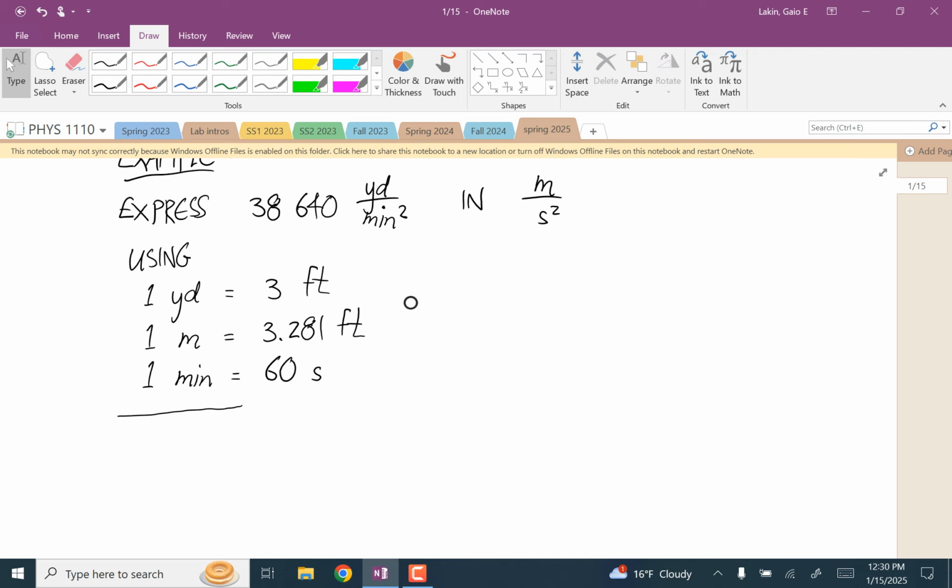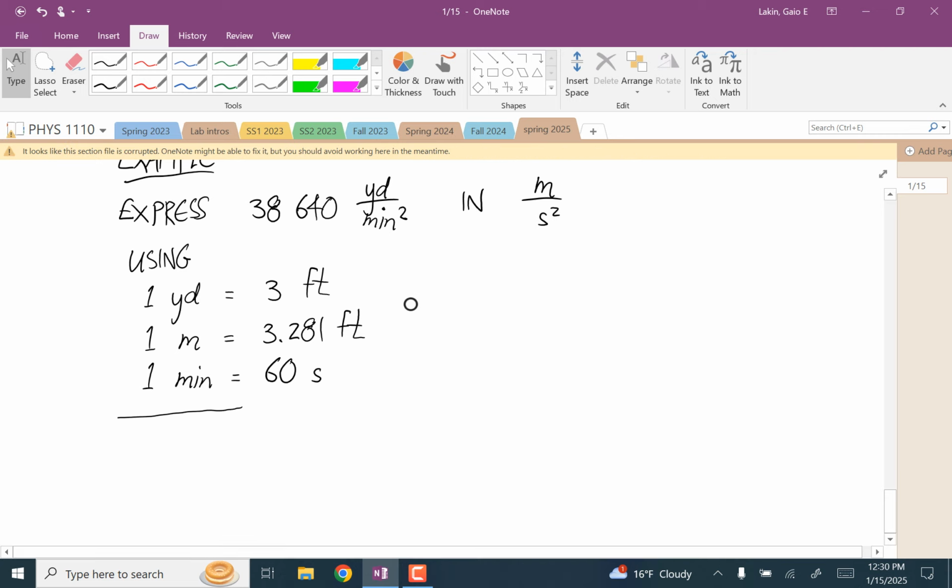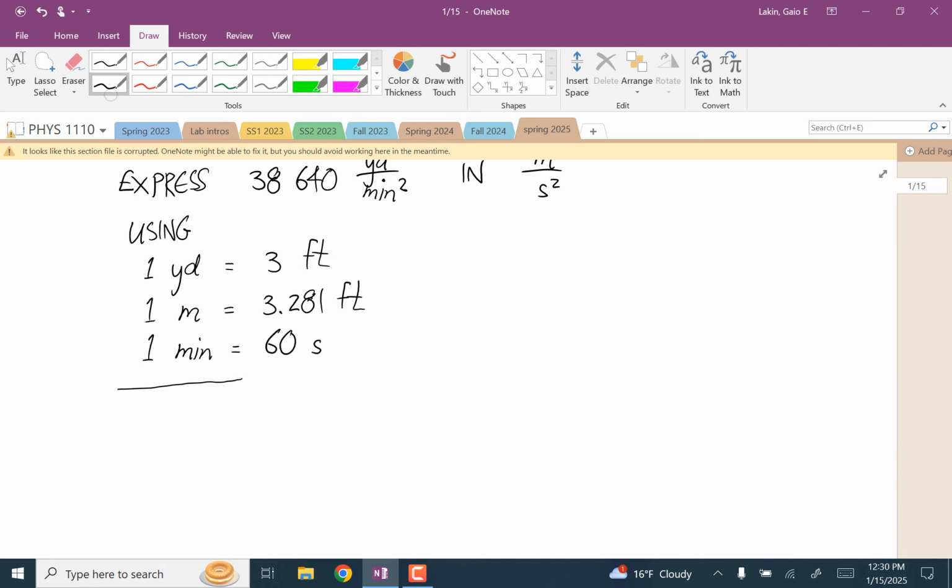That will keep you from making a mistake, which is converting the minutes only once. It'll make you see that you have to use that minutes to seconds conversion 2 different times. So I'm going to start with my fraction bar, and I'm going to start with 38,640 yards divided by minutes times minutes.